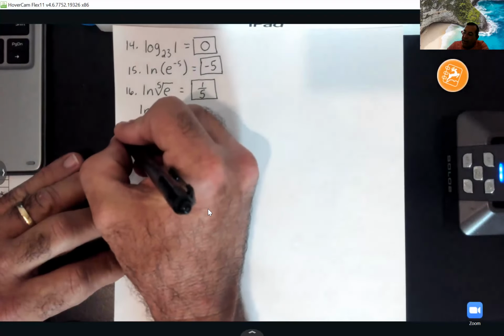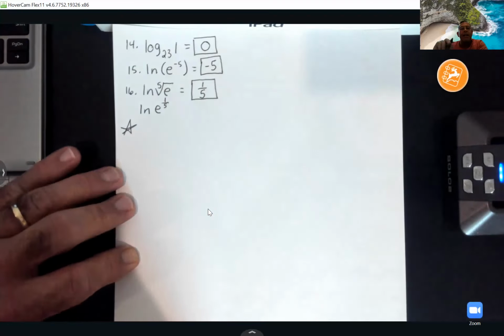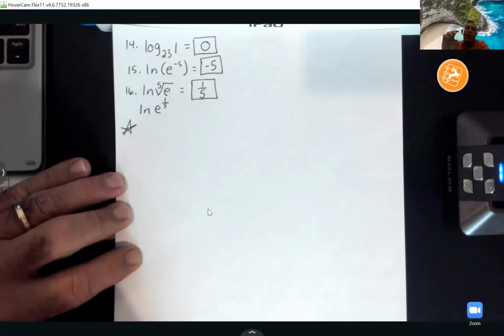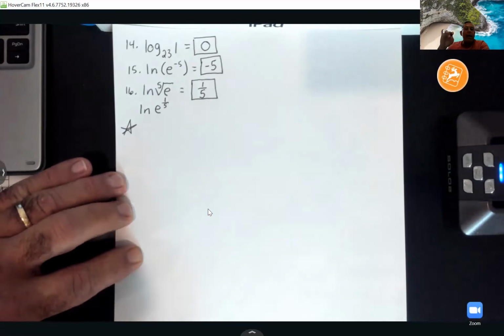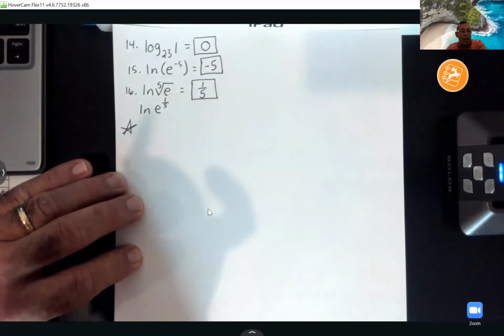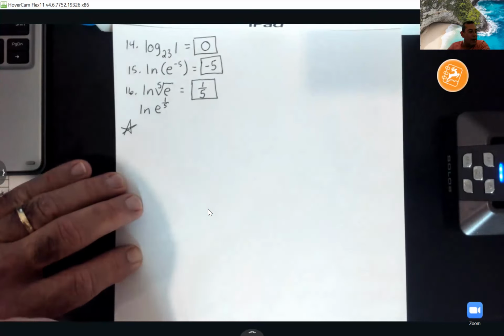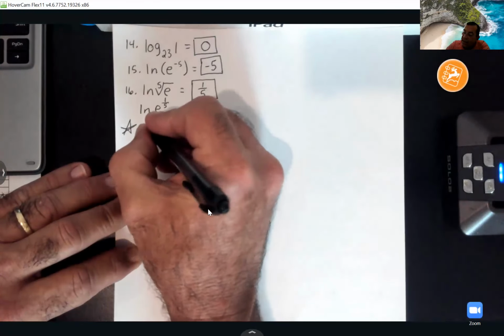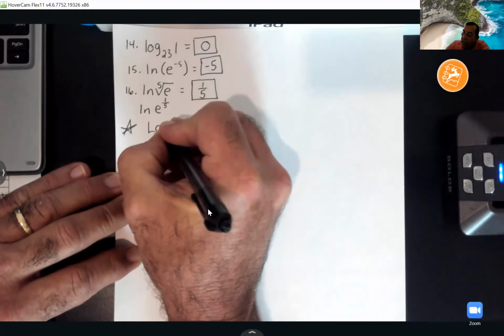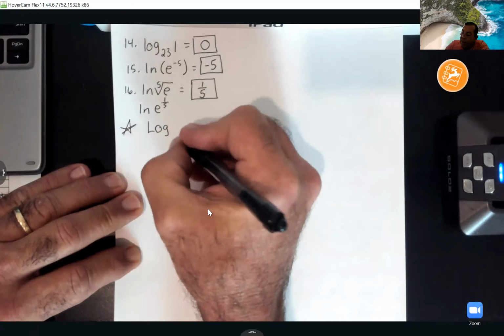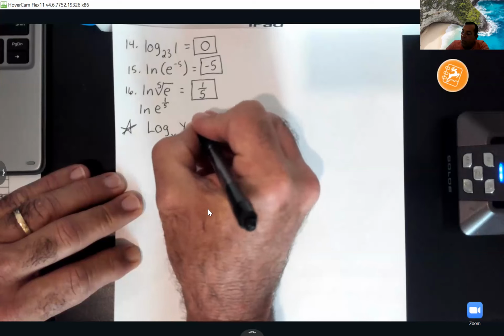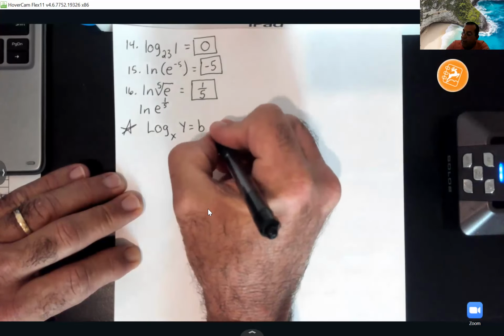All right, so now the next thing we're going to learn is converting. We're going to convert between logarithmic and exponential. Okay. So the property that allows us to do that says log base x of y equals b.